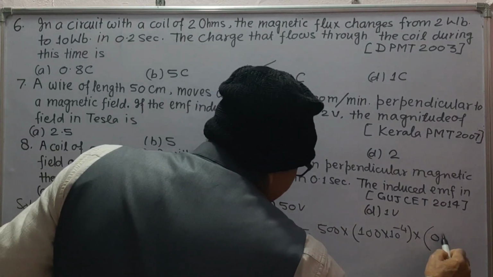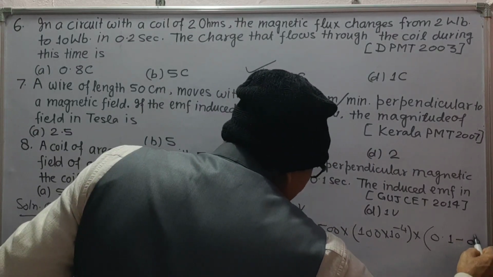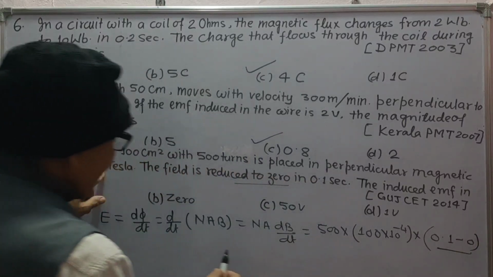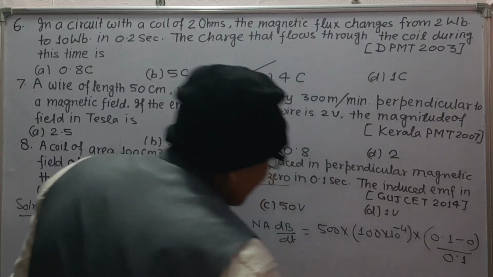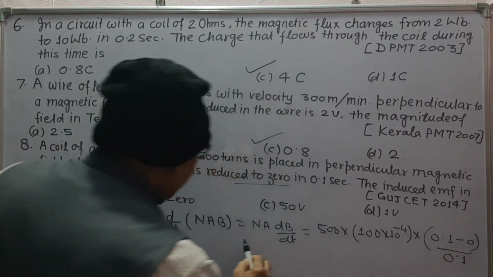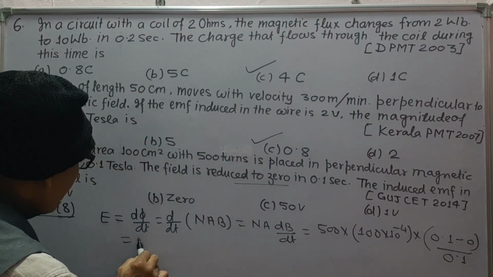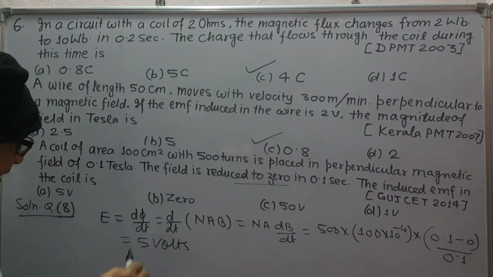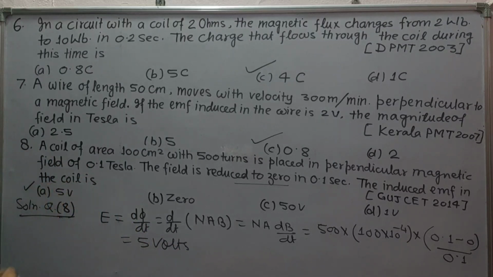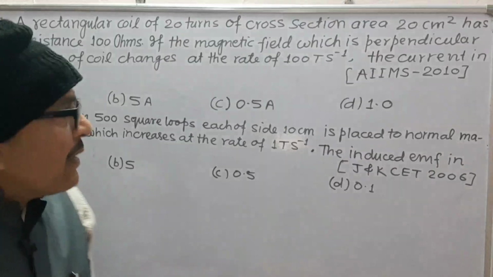So it is 0.1 minus 0 in time 0.1 second. So 0.1 cancels out and it gives 5 volts. So the correct option is A, 5 volt.